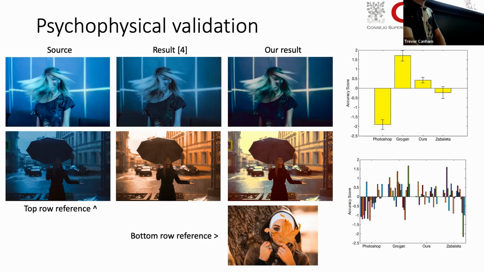So with these psychophysical experiments, we are saying which method the observer prefers, and that's measured by the accuracy score. A positive accuracy score means that method is preferred by observers most of the time over the other results, and a negative accuracy score means that the results are usually not preferred over the others. So there's no correlation to analyze here.